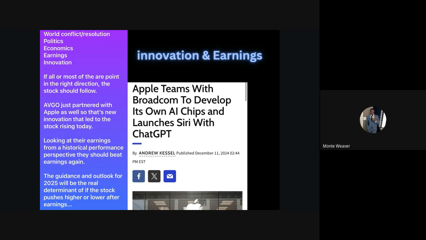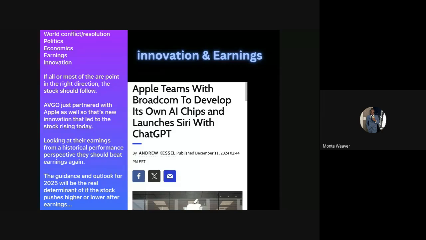If you look at my response on the left-hand side, it always goes back to the same thing over and over and over. World conflict resolution, politics, economics, earnings, and innovation, right? If all of those things are pointing in the right direction, are going up, the stock should follow that direction.